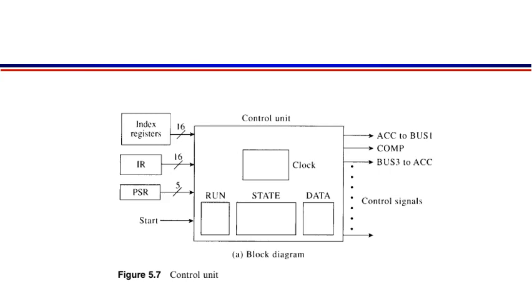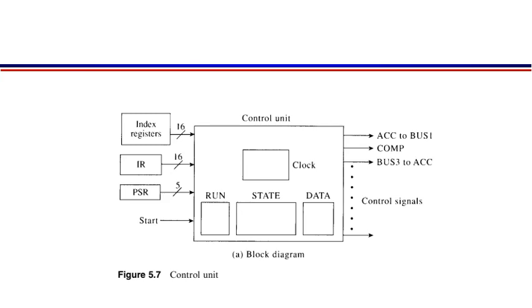So if there is another instruction, let's suppose we have a load instruction LDA. In LDA, the action which will be performed is that data will be moved from the memory to the accumulator. So the different control signals needed for the LDA instruction will be generated by the control unit.